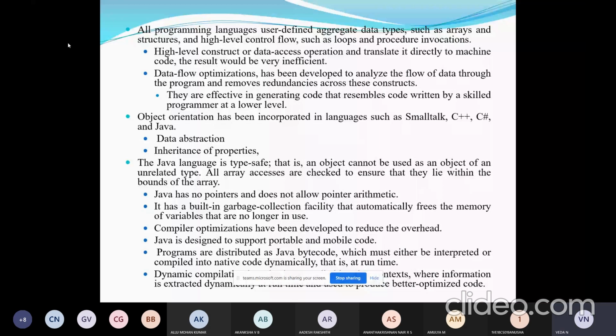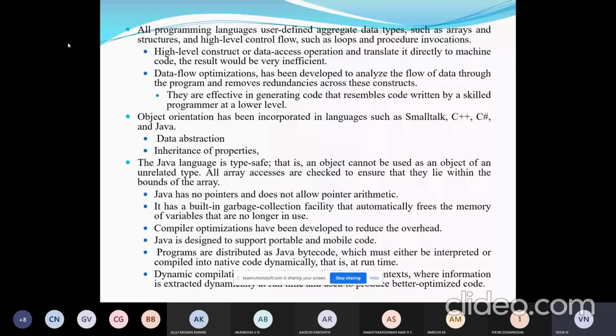Next, all programming languages have these kinds of aggregate data types, but if we talk about the feature called object orientation, that's used in some programming languages like Smalltalk, C++, C#, Java, right?